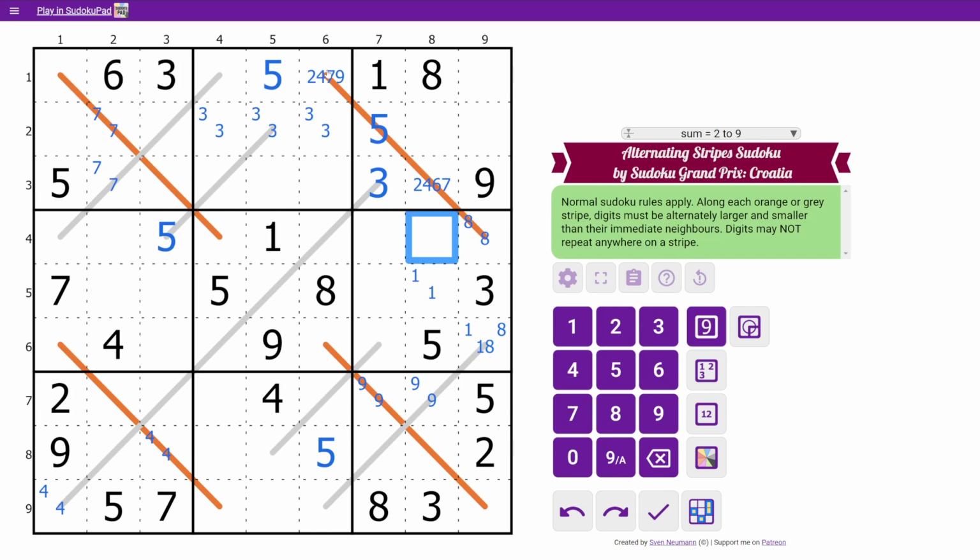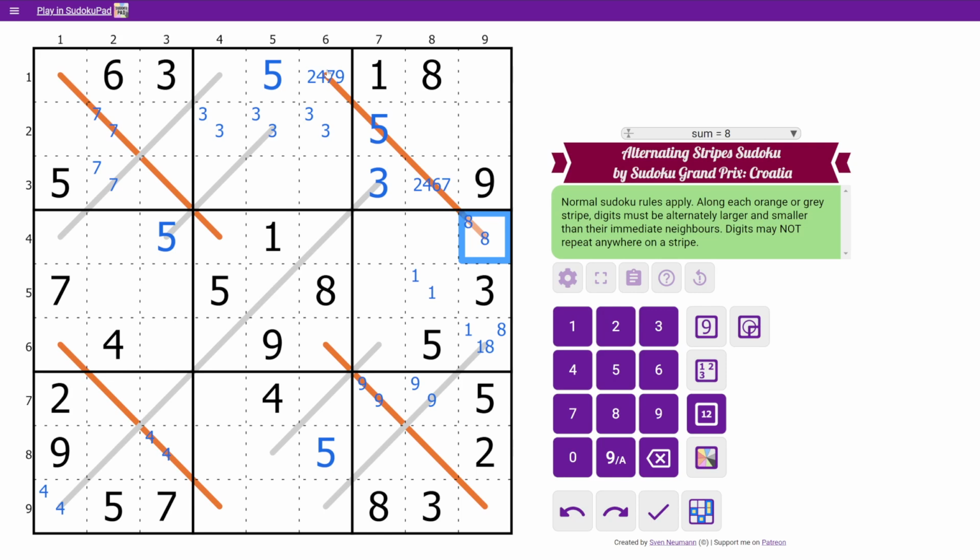Okay. If this was a 6 or 7, it would have to go down. And the only digit left would be a 4.